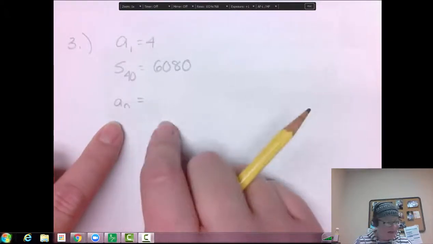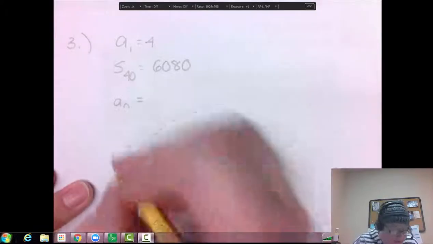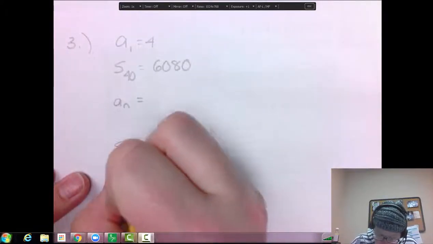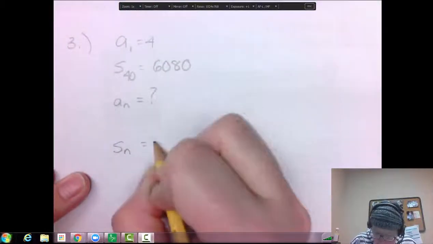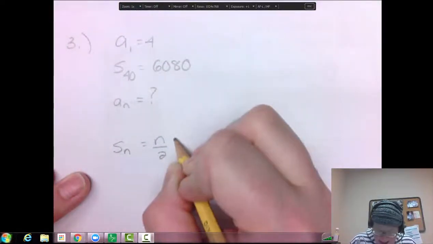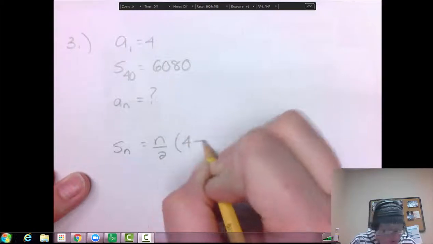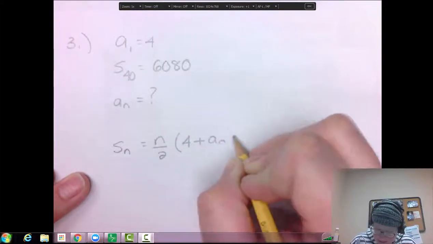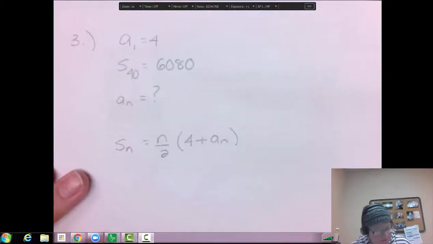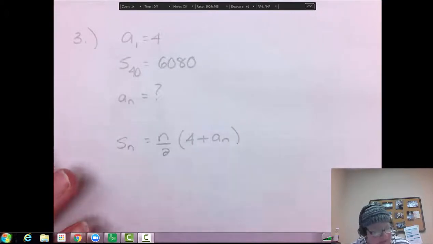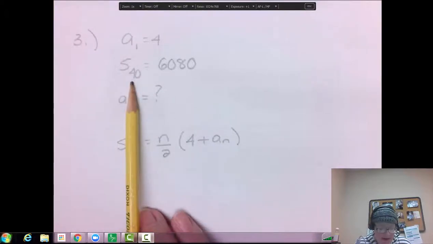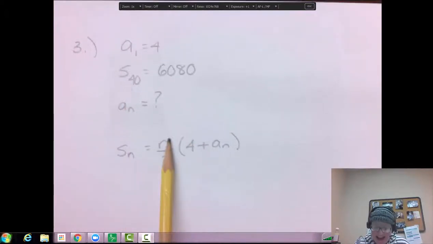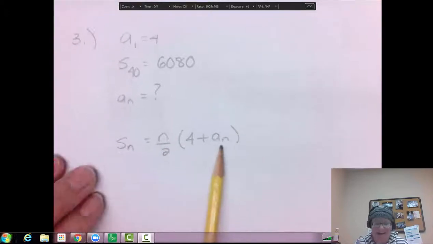Well, from here, we're going to use that formula. We don't know the nth term, so we'd say s to the n, this is what we're looking for, is equal to we don't know over 2, and then we know 4 is our first term plus, I don't know, here. Well, we could figure out how many terms we're going to go to. Oh, that would be 40, right? So we can fill in n, but we still don't know a to the n.